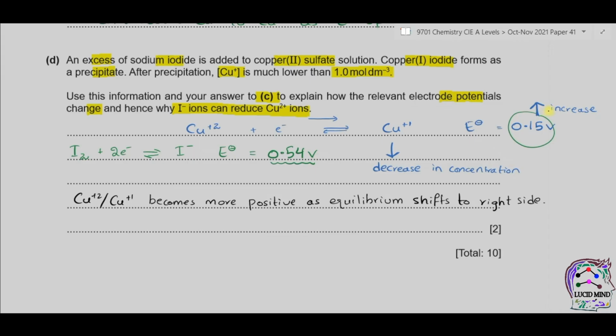And the new electrode potential value will be greater than 0.54 in order to get it reduced.